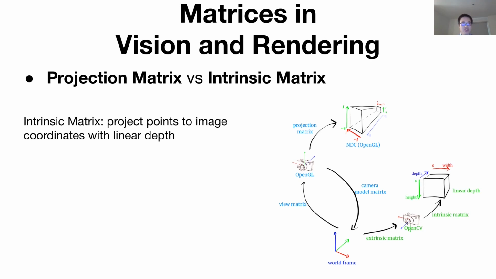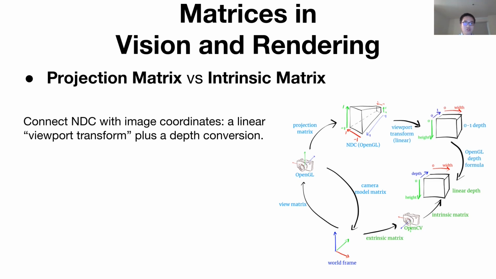And for vision, we're more familiar with the intrinsic matrix, which will project the points to image coordinates with a linear depth. To connect the NDC frame and the image coordinates, we would first use a linear viewport transform to convert the XY dimensions, and then we would use a depth conversion as introduced in the previous slide.